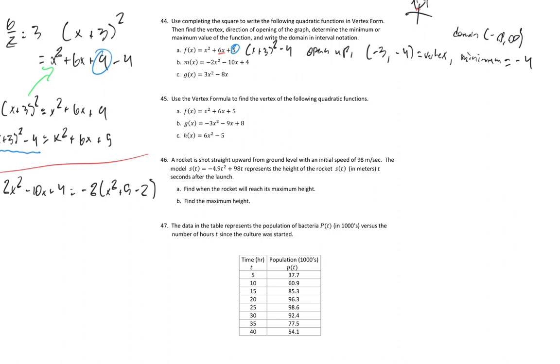If we divide again, we would get 5/2. So now let's write our thing with the perfect square. So x plus 5/2 squared. Well, what does this equal? This would be x squared plus 5x plus 25/4.